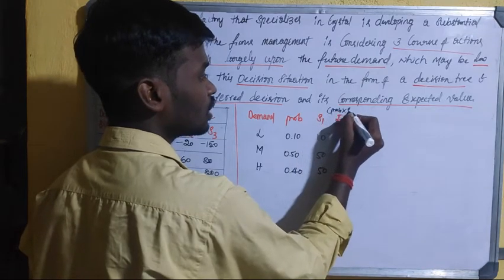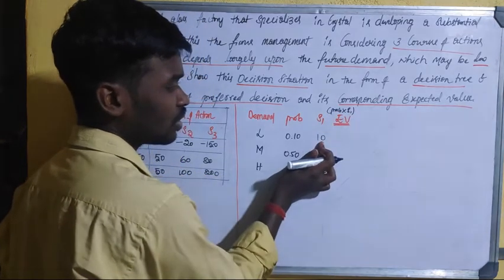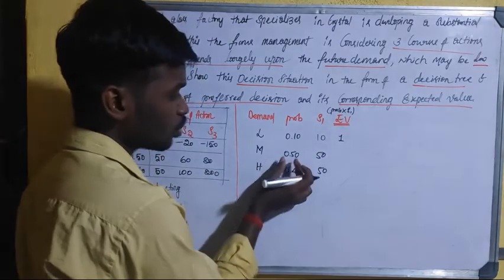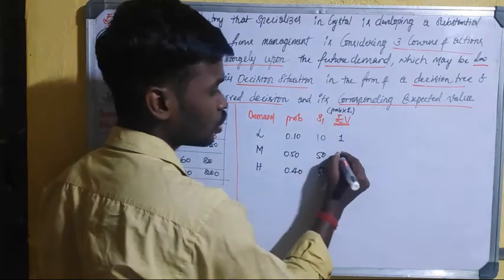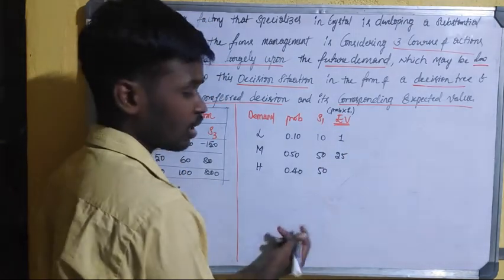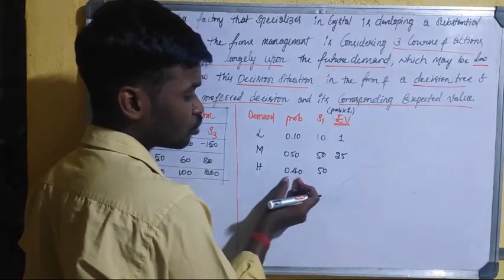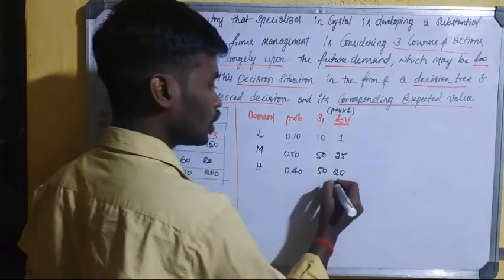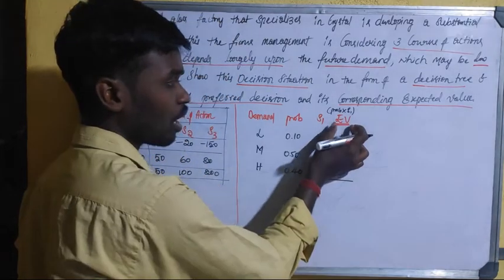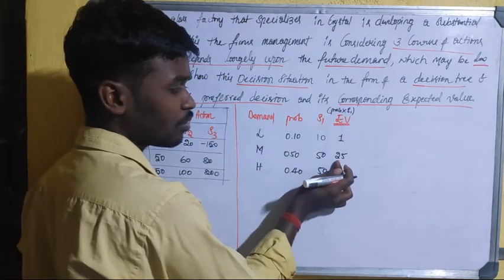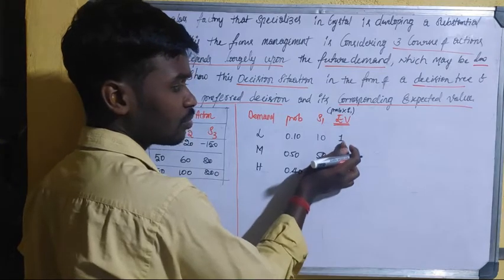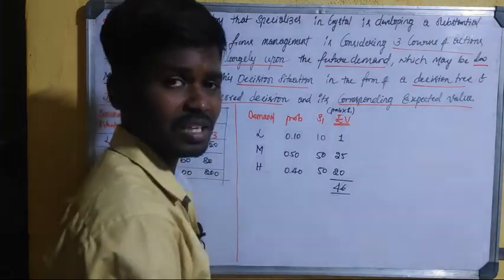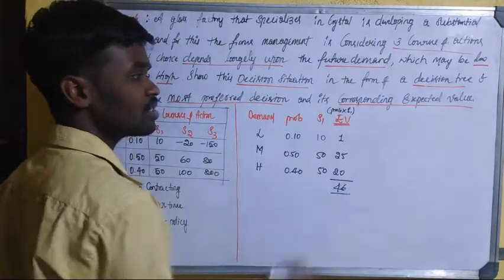So 10 into 0.10 you will get 1, right? 0.50 into 50 you will get 25. Next 50 into 0.40 you will get 20. Now the total expected value of the first alternative: 25 plus 20 is 45, plus 1, total 46 is the expected value of the first alternative.